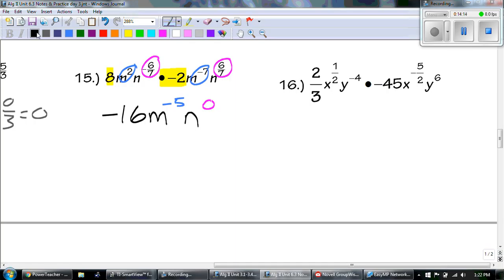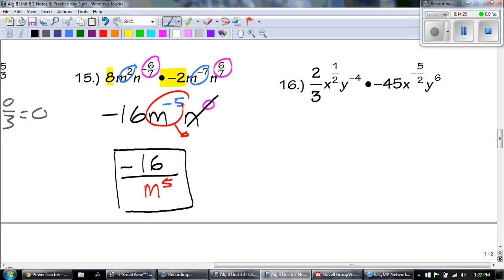So my final answer, if my exponent's negative, I drop it like it's hot. And n to the 0, if my exponent's 0, my base turns into 1. So if it turns into 1, I'm good.